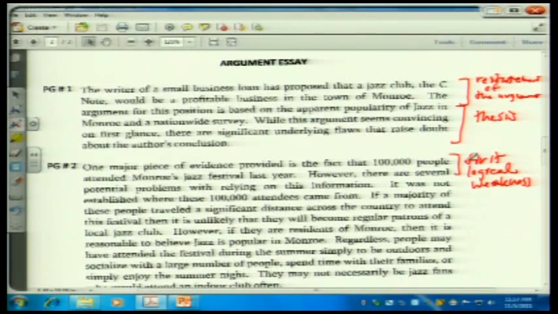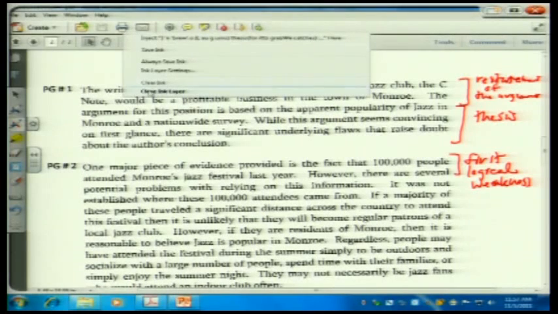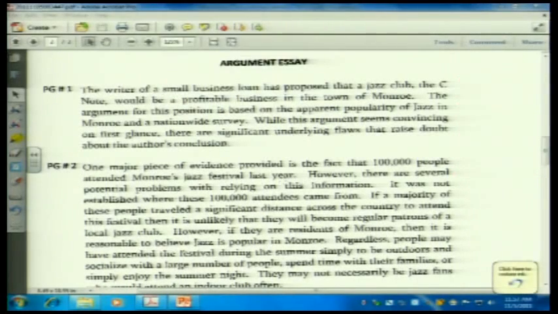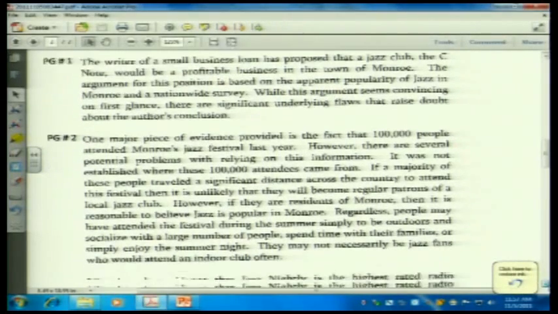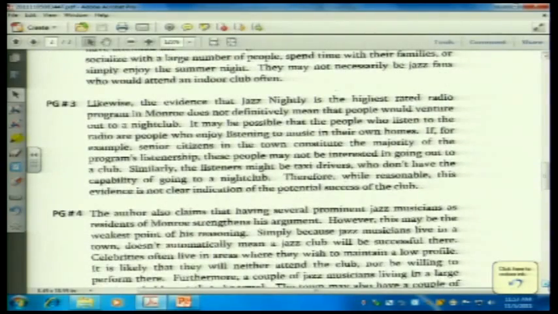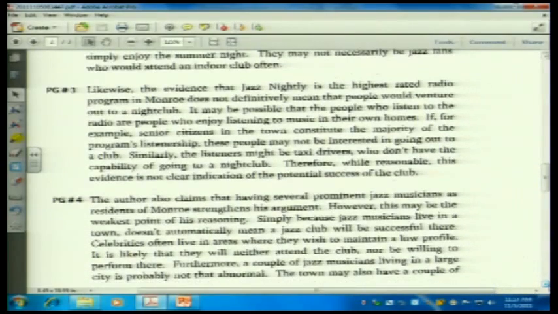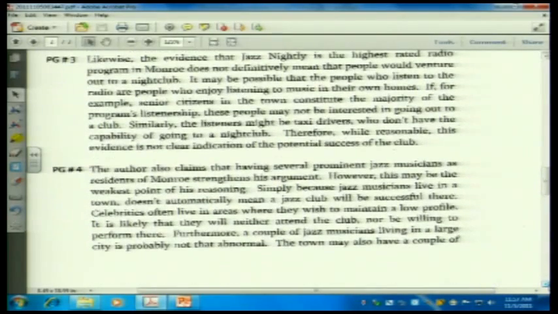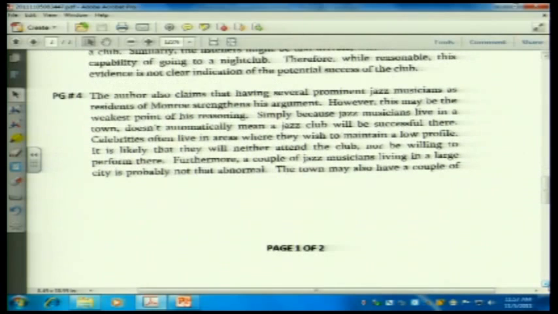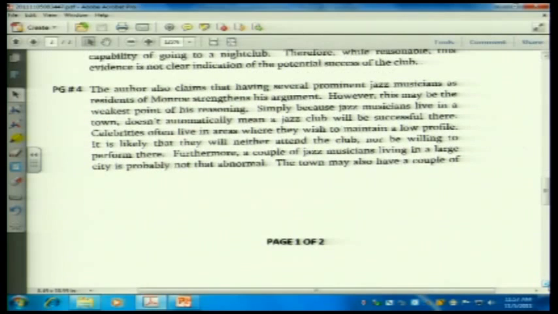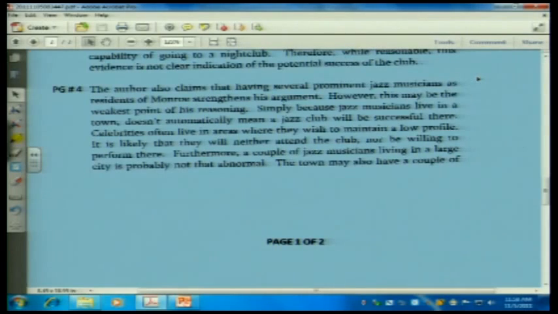And you do that with all the paragraphs here, and you should have about 3 or 4 logical weaknesses, okay? And those are the unstated assumptions that you need to attack. And you will start with why it is weak, and then the reason.